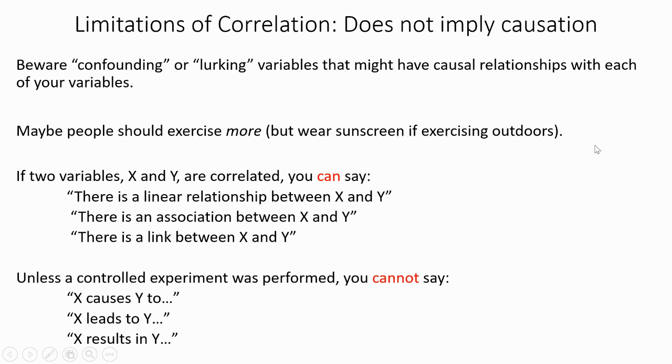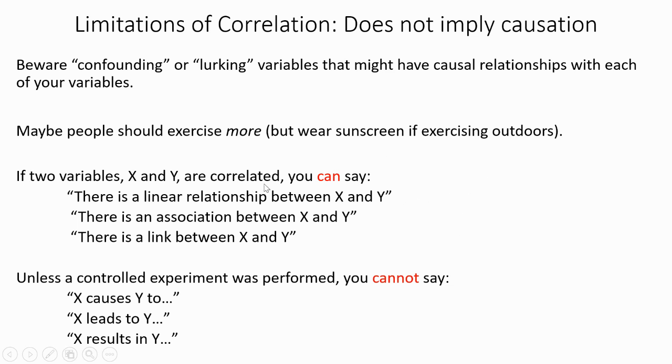So in certain areas of the country, like California or Florida, people who exercise might be doing more exercise outdoors. And if they're outdoors, they're being exposed to the sun and increase their risk of skin cancer. All right. So we wouldn't want to tell people to exercise less, that would actually be bad for their health. But the lurking variable was sun. So probably we should make sure that they're wearing sunscreen.